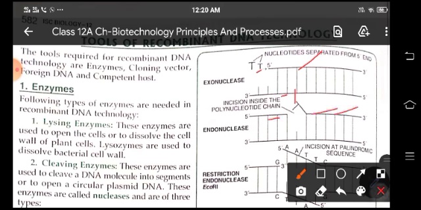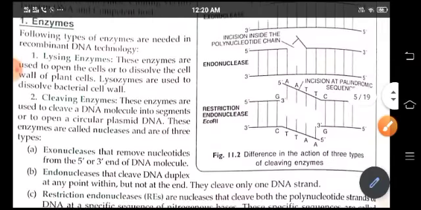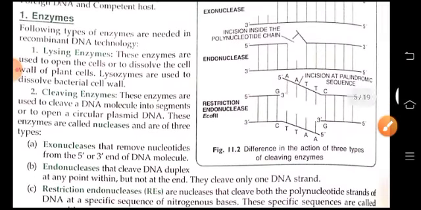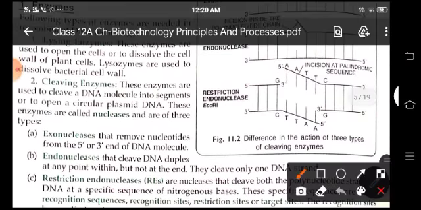And restriction endonuclease can cut the polynucleotide strands of DNA at specific points, which has a palindromic sequence.